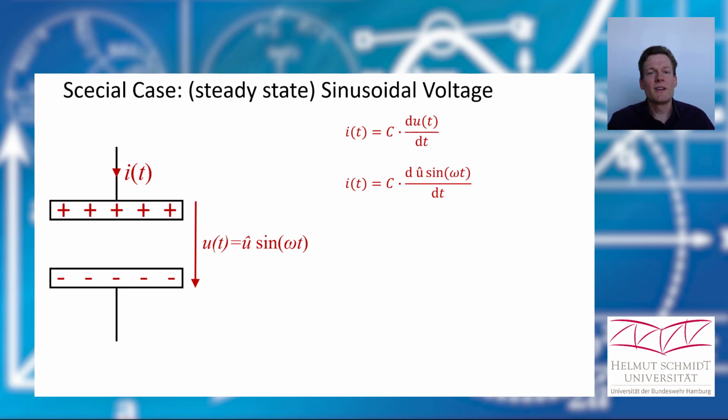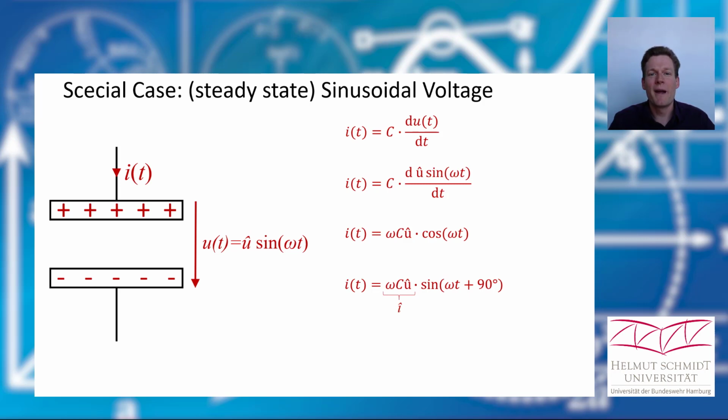If we take the derivative of this, it leads to a cosine function. And a cosine function can be written as a sine function. They look quite similar, we just have a phase shift between them. Therefore we can rewrite this equation like this. And that means we found the amplitude of our current.